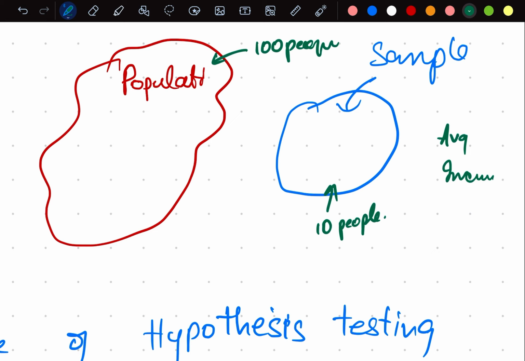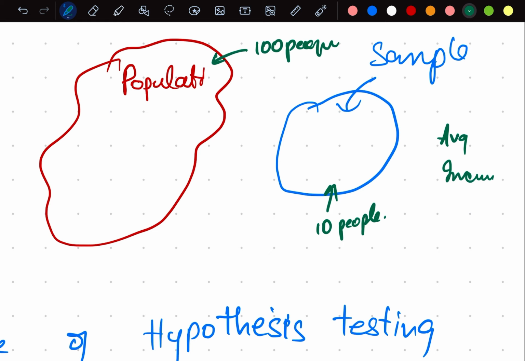In general, the population might be like 1 billion people. I'm not sure of the numbers, but it's quite huge. That's all I know. You can't go to every person and get the statistics, and even if you could, it takes a lot of processing power to do that.